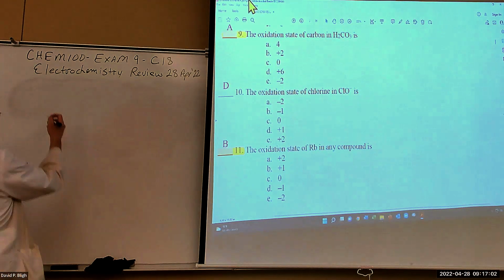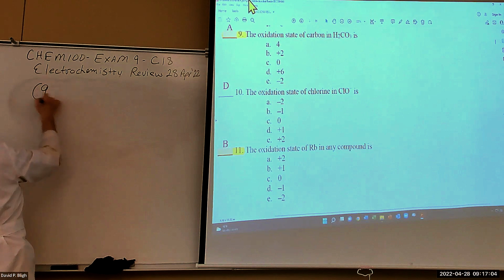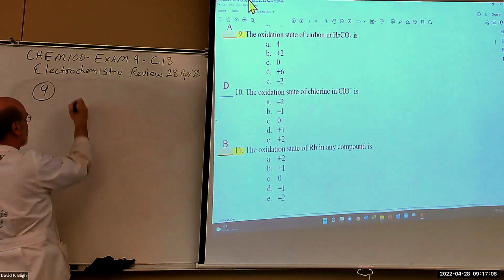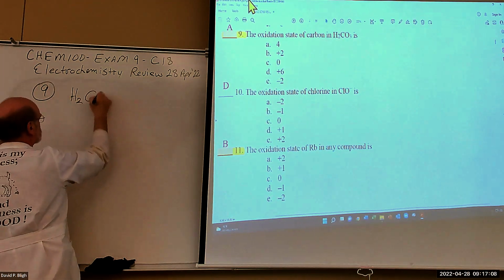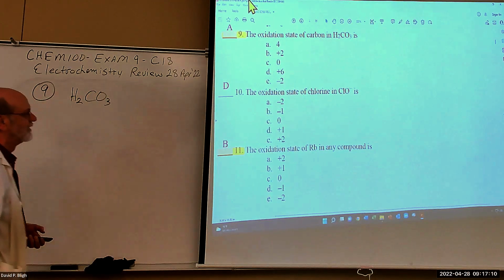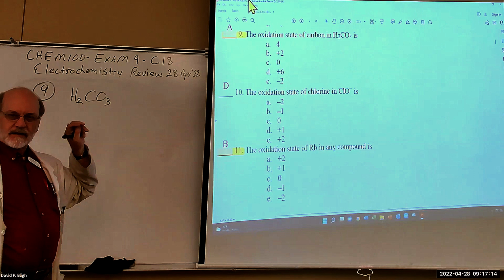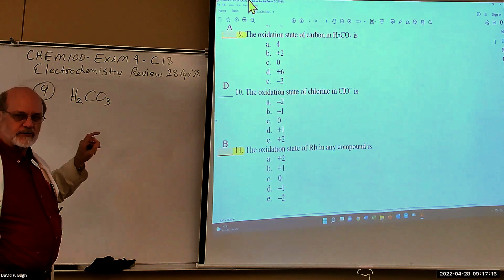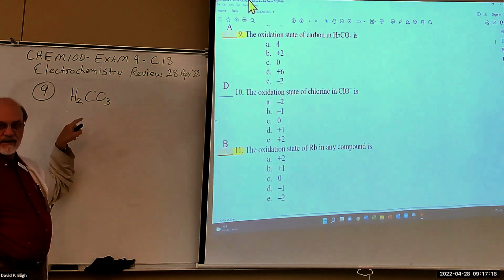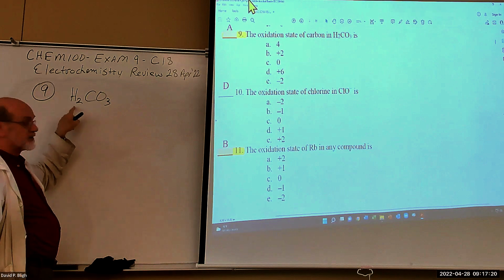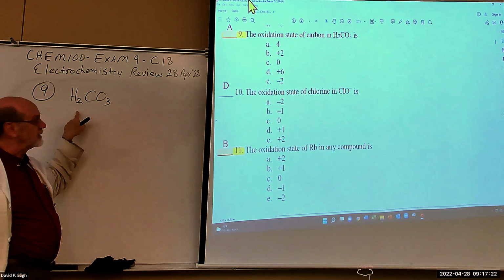Number 9. Let's see, H2CO3. Okay. Let's assume that's in aqueous solution. So what would that be? It's got to be an acid because it's preceded by the hydrogens.